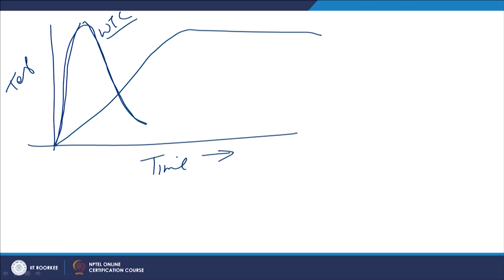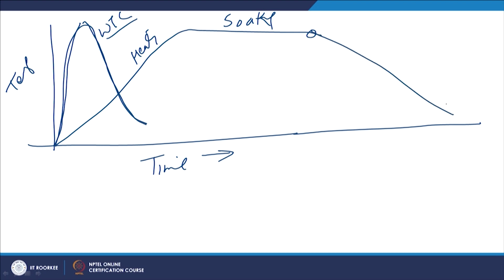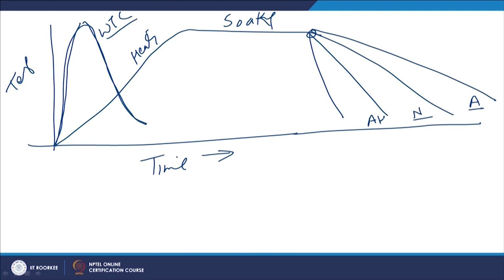holding is for longer time followed by the cooling, because what heat treatment involves? Heating, then soaking, and followed by the cooling at different rates as per the requirement of the properties and phase transformation like this. So, like annealing, normalizing, air hardening or quenching.